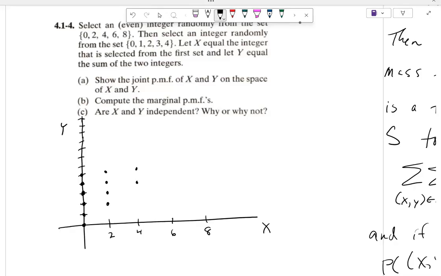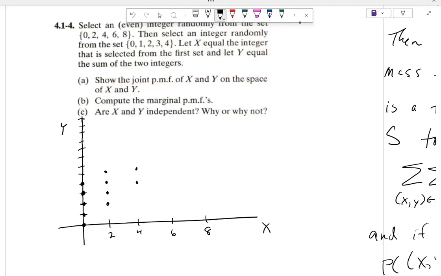You can't use the 0. It has to be a 2 and a 3, or a 4 and a 1.